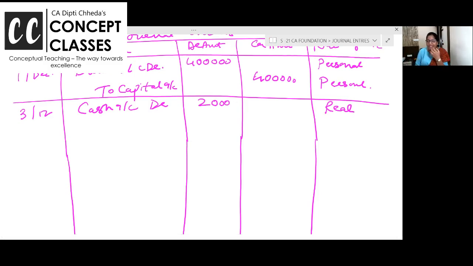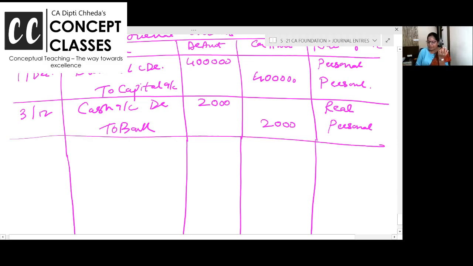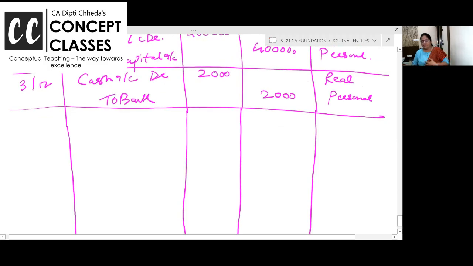Debit what comes in. Cash is coming in. And credit the bank account. What is the nature of the bank account? Personal. What is the rule of personal? Bank is the giver. Clear to all of you or not? So when you withdraw cash from the bank, cash is coming in. Debit what comes in, and money is going out. Right. Next.